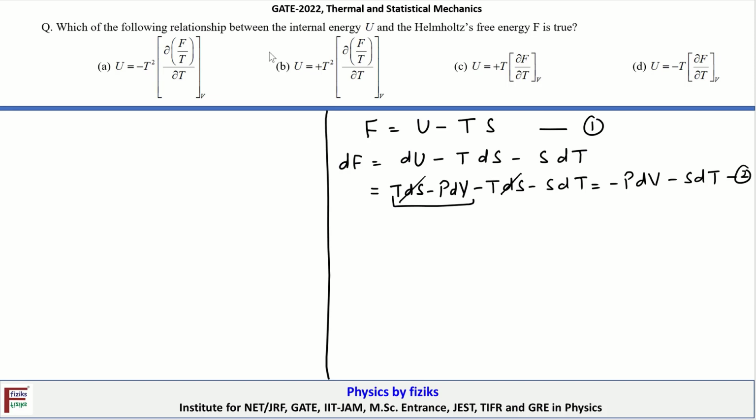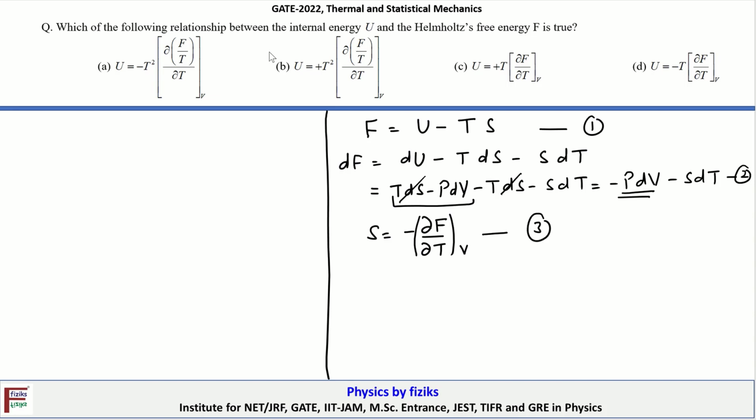From equation 2 I can write S equal to minus dF by dT at constant volume, because when we are keeping the volume constant, this term will disappear. So ultimately S is equal to minus dF by dT. Okay, so let's call this equation 3.